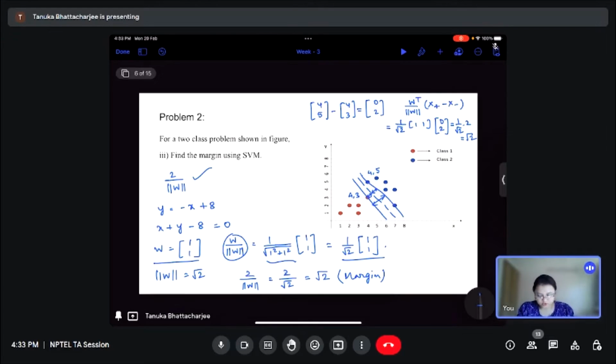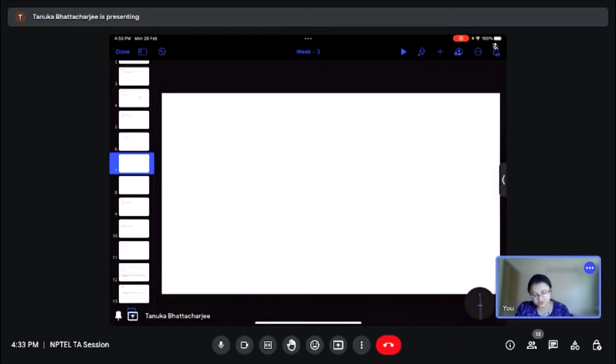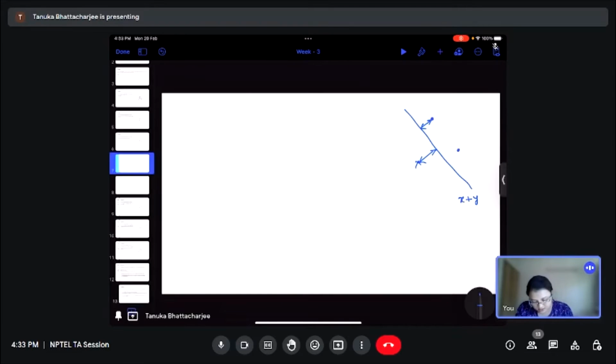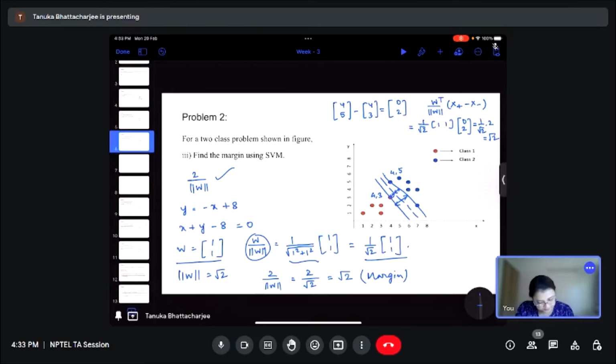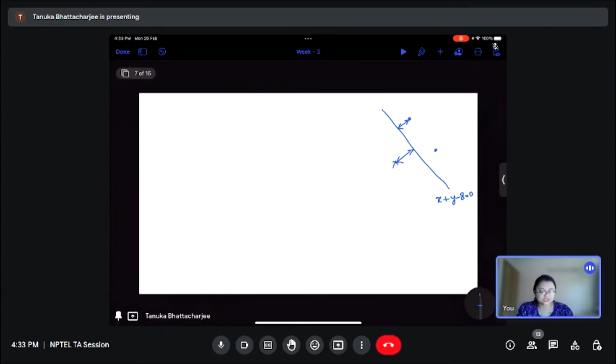Another way is also possible for computing this margin. You have this decision surface, you have 2 support vectors from this class, and 1 support vector from this class. You can simply compute this distance or this distance, and twice that distance is your margin. This is x plus y minus 8, the equation of your decision surface.